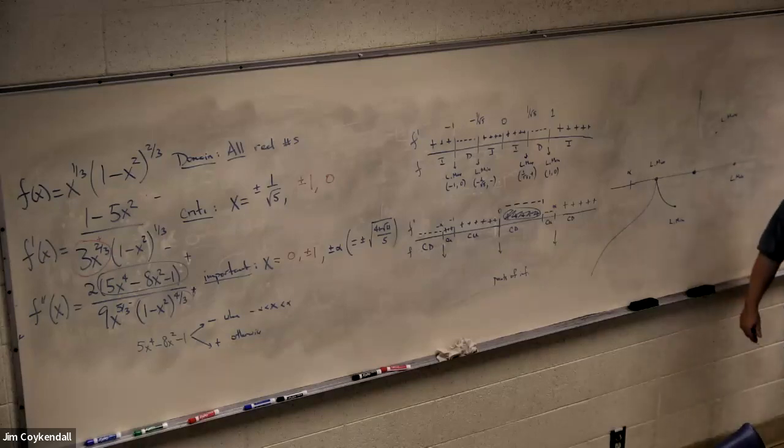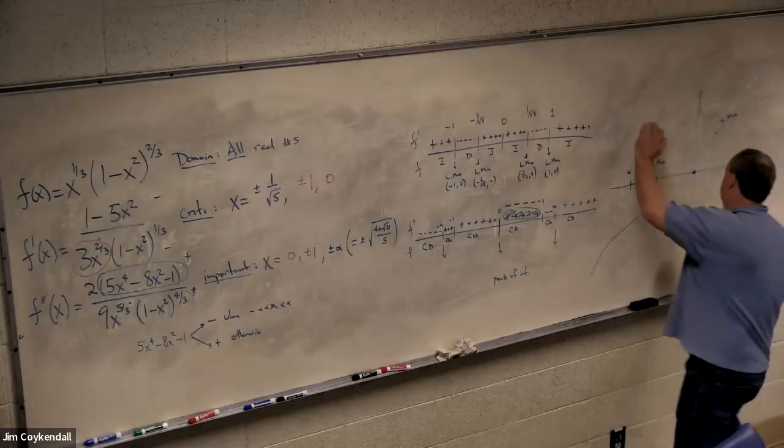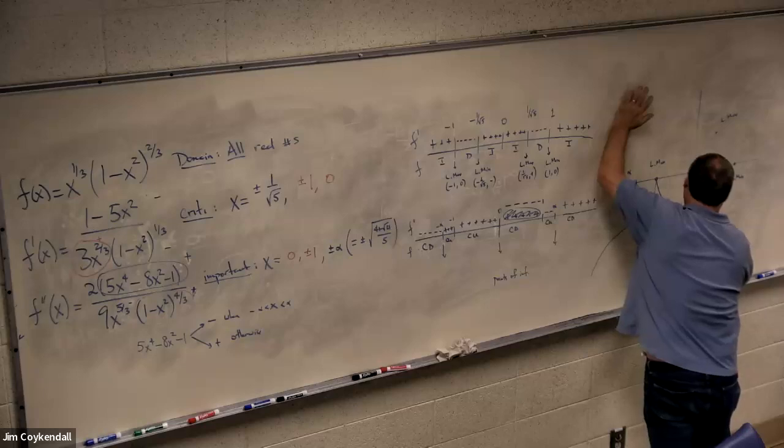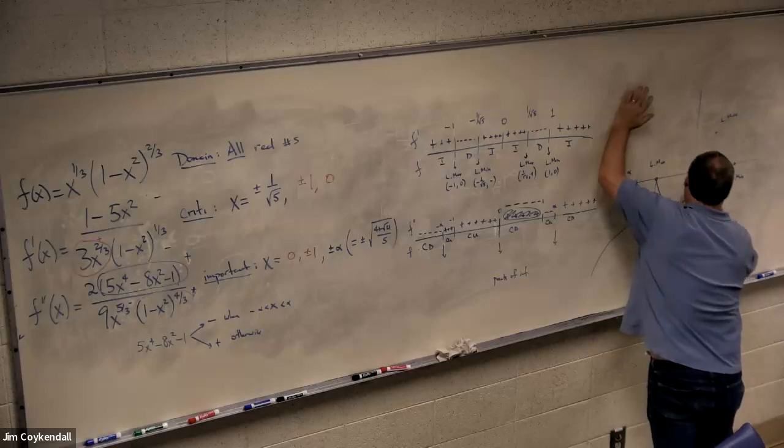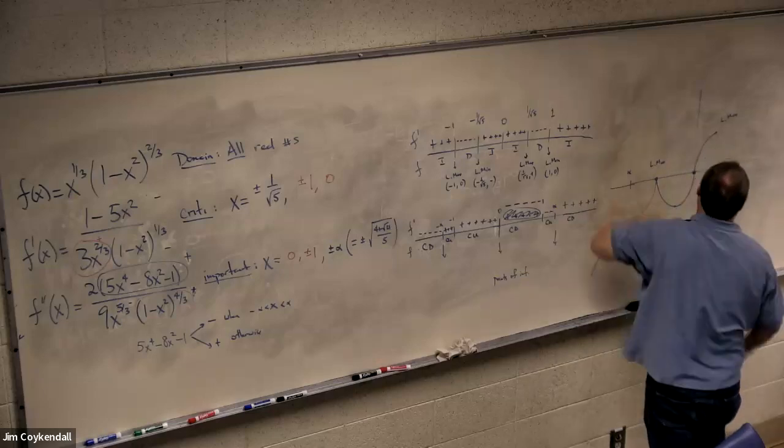Why do you suppose the derivative doesn't exist here? So what happens is the tangent line, notice how concave up, concave up, concave up, concave down. Actually, the tangent line works.